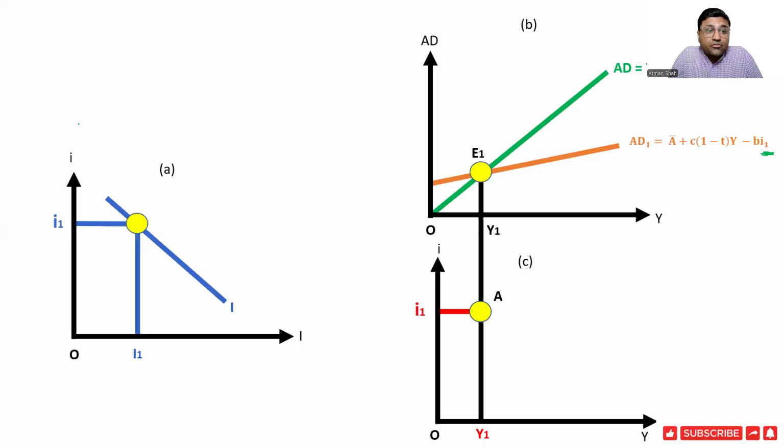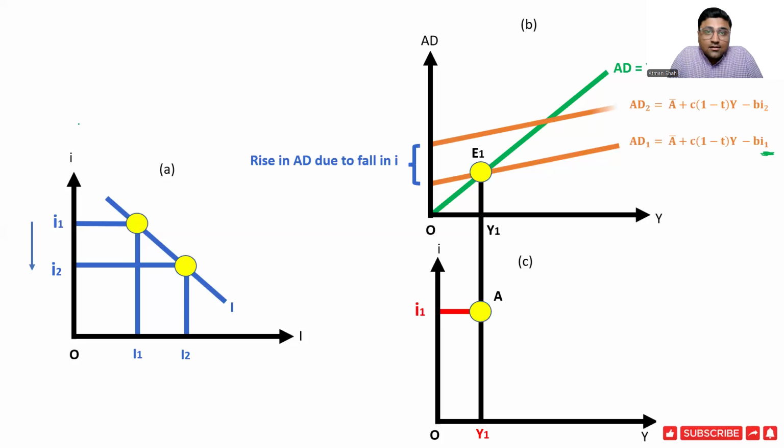Now if the rate of interest decreases, see panel A, from i1 to i2, investment will increase from capital I1 to capital I2. Now this fall in interest rate leads to a rise in aggregate demand, and therefore we have an upward shift in the aggregate demand curve. So you can see the new aggregate demand curve AD2 with lower interest rate i2.